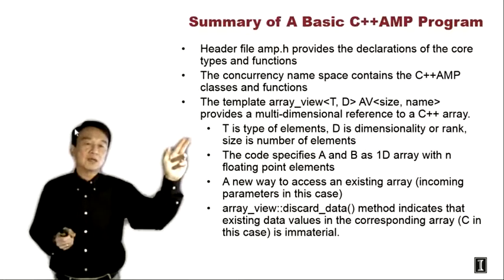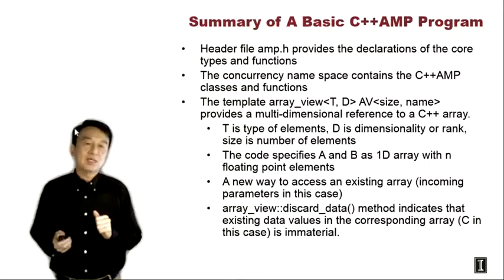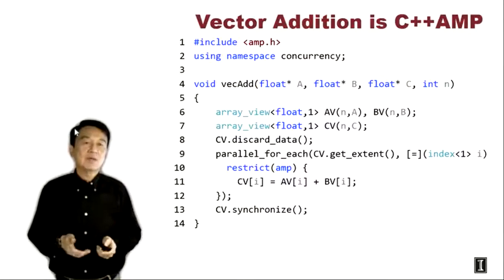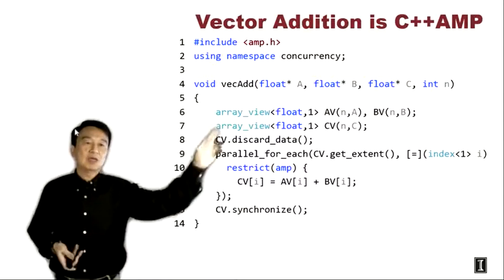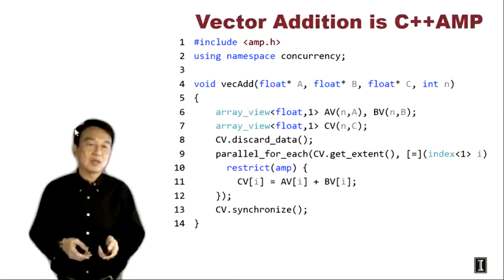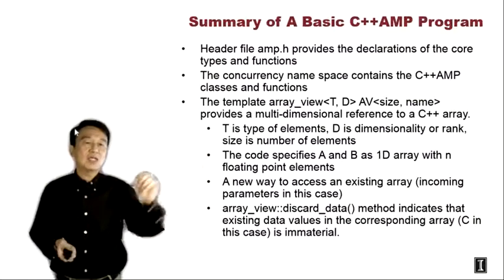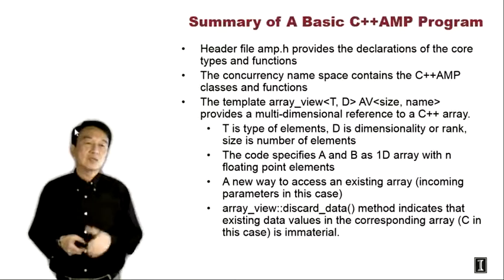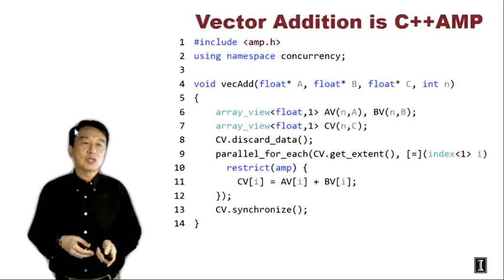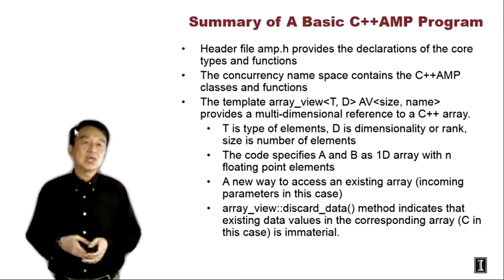If we go back to the syntax, you will see that T is the type of elements. In our previous example, T is float, so we declared that the type of the elements is float. D is the dimensionality. In the previous slide, we showed that the dimensionality is one dimension because we're using vectors. Then we have size, which is the number of elements.